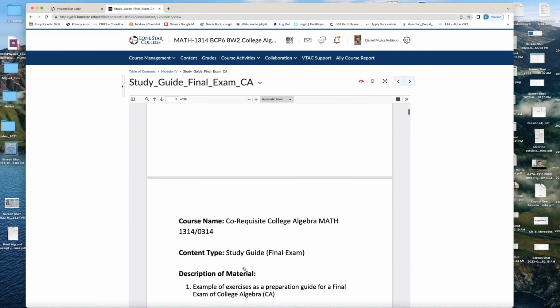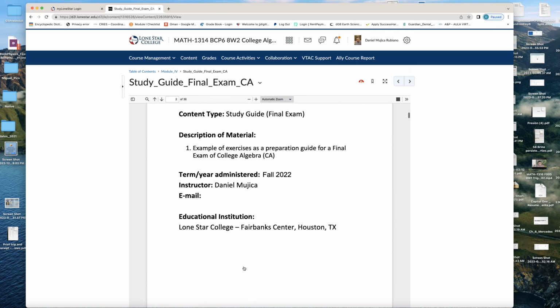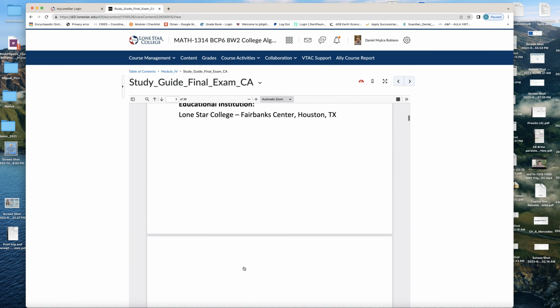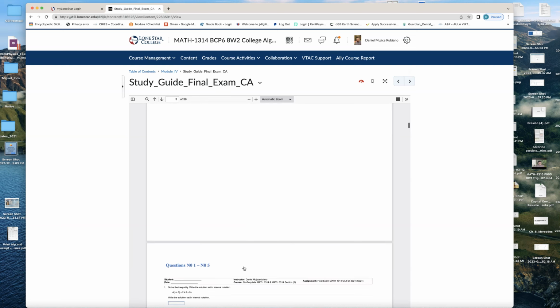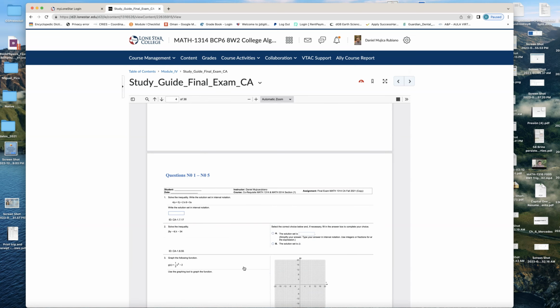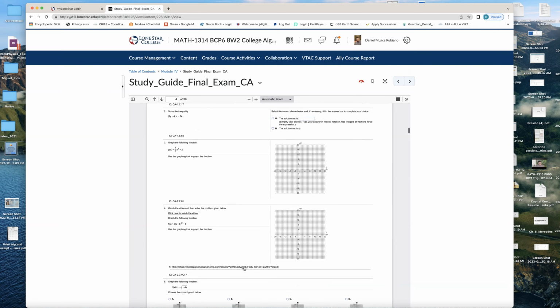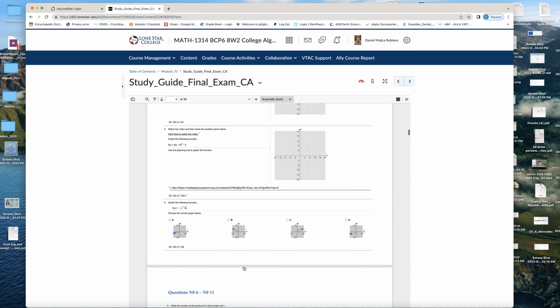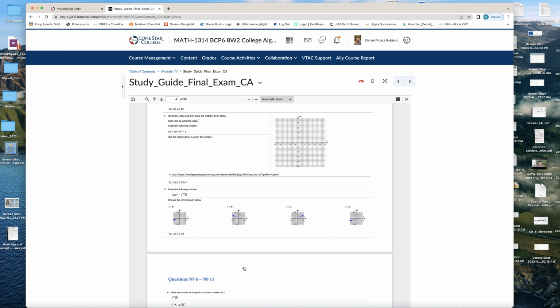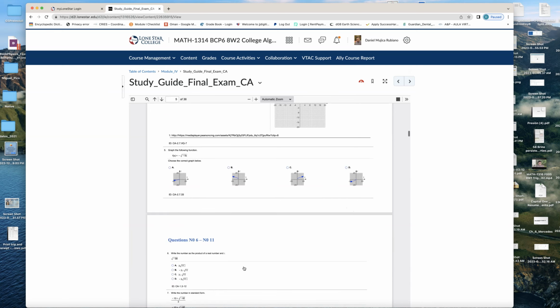This is a complete material that I put together. Actually, it is the same material I had the last time I taught this course. Basically, it's a questionnaire with different types of exercises, very similar to the ones you're going to have in your final. I'm talking about college algebra.